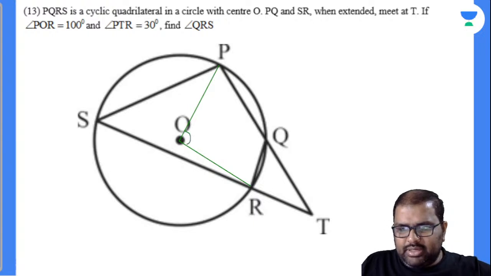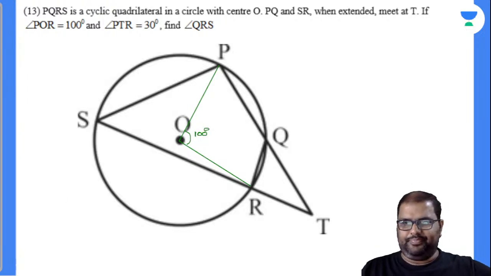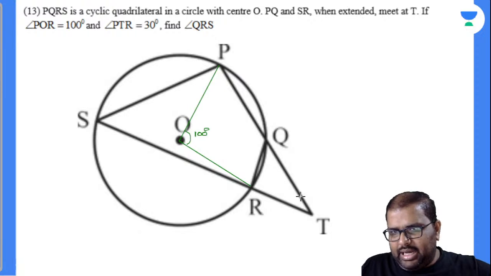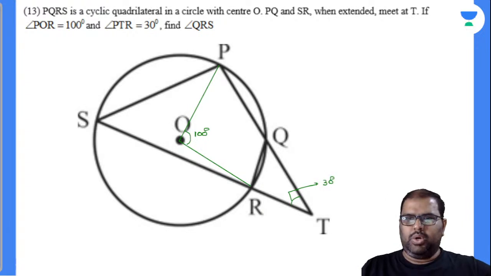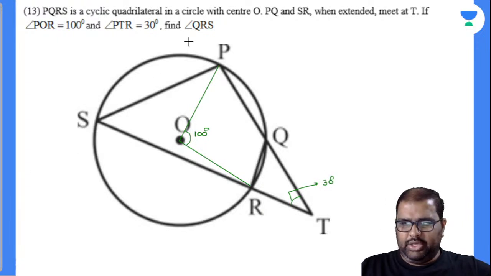This is called the central angle. Any other point given there? Angle PTR is given as 30 degrees. Okay.